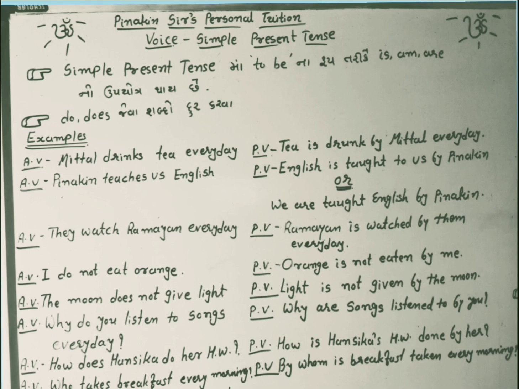Let's study example number 3. They watch Ramayana every day. So Ramayana is the object, and it will be used in the beginning. Ramayana, present tense is, watched past participle, by them. Ramayana is watched by them.